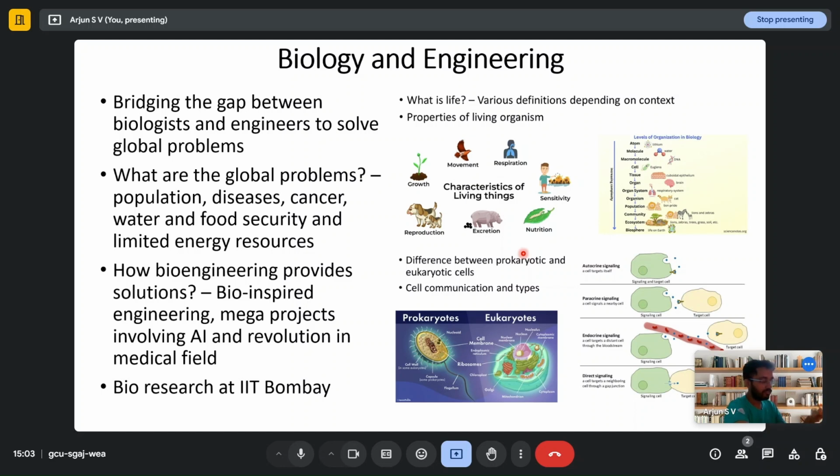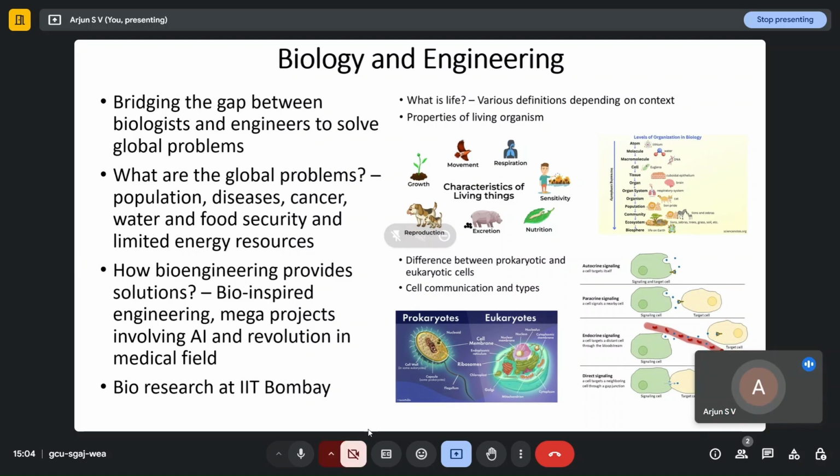We also saw other problem statements like tackling climate change and global warming, and combating deadly diseases like HIV.